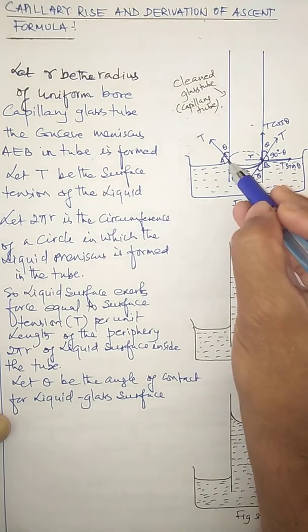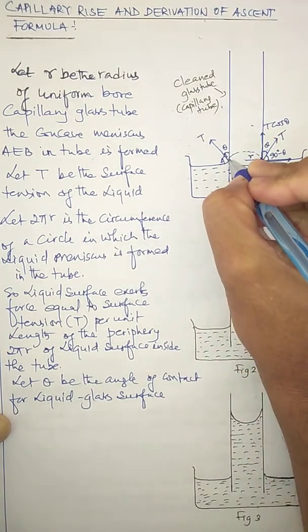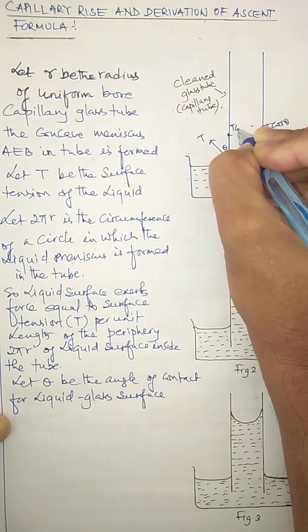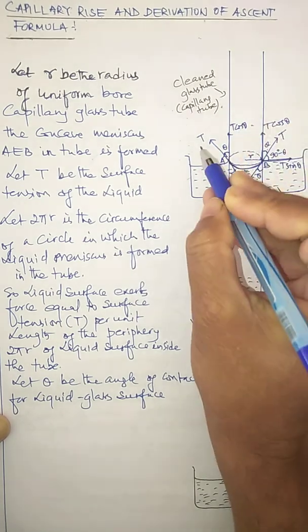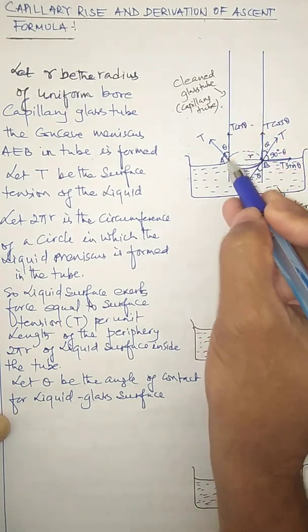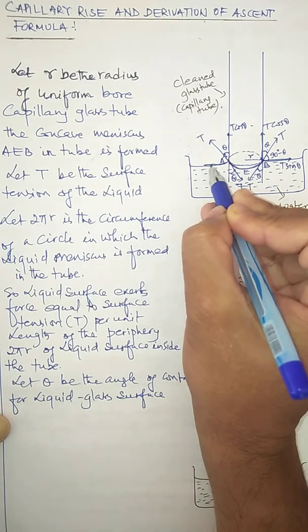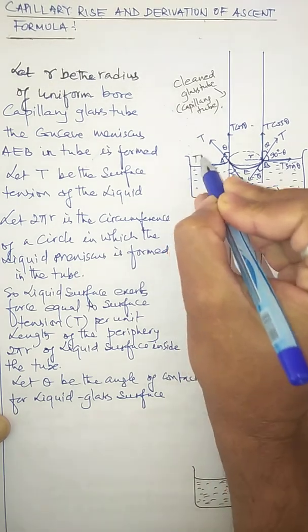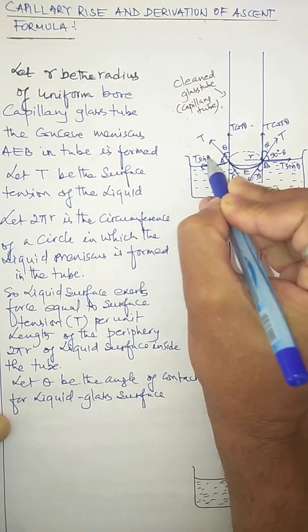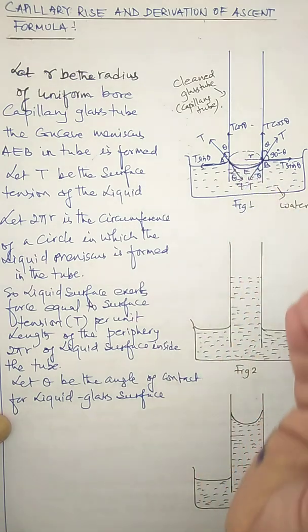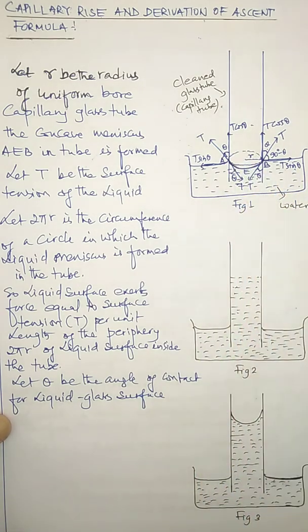In a similar manner, this component is given by T cos theta, and finally this is 90 minus theta, and the 90 minus theta component is given by T sin theta. So there are two components of this T acting outward: one is T cos theta, one is T sin theta.